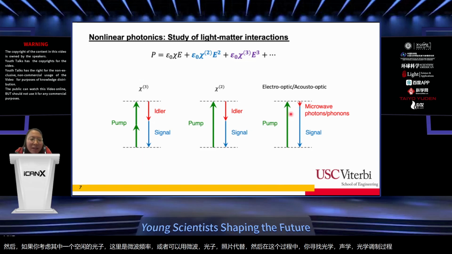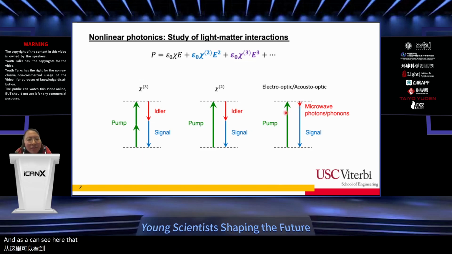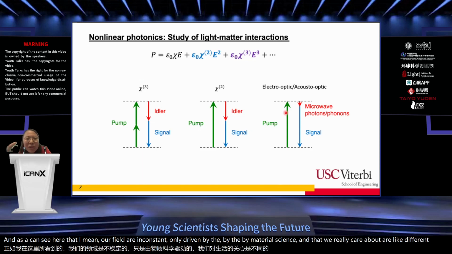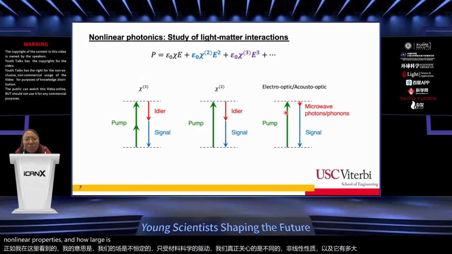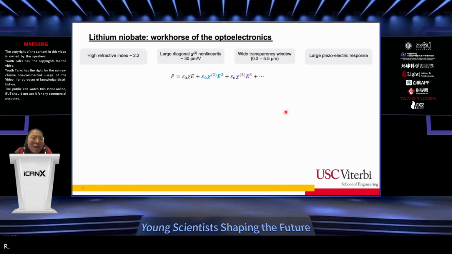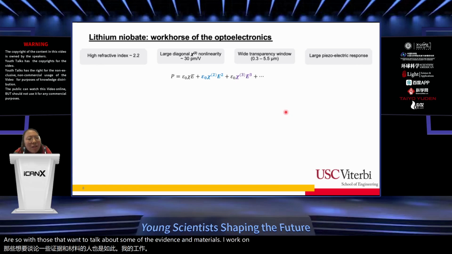And as you can see here, our field is constantly driven by material science, in that we really care about different nonlinear properties, how large the properties are, where the properties appear, and how we can make these properties relevant to our applications. So with this, I want to talk about some of the materials I work on in recent days. It's called lithium niobate.